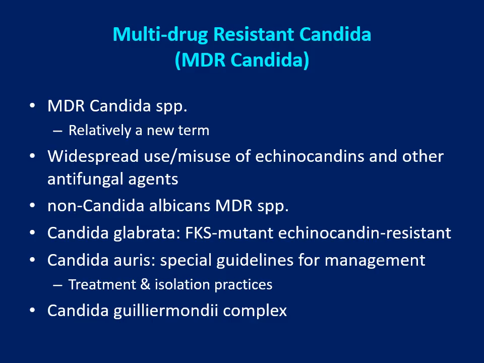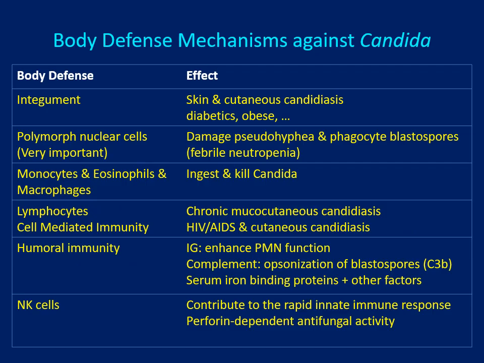Candida glabrata heads that list with FKS mutant echinocandin resistance, and Candida auris, which has special guidelines for management, treatment, and isolation practices. And recently the Candida guilliermondii complex has been added to the list of multi-drug resistant species.